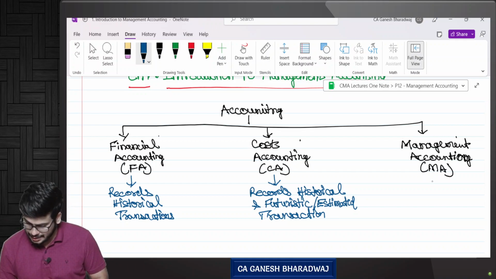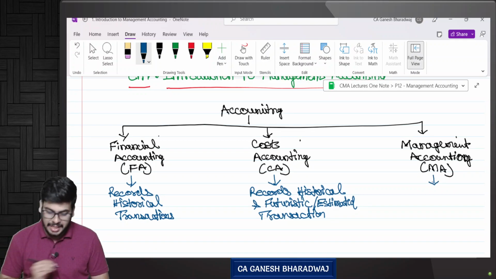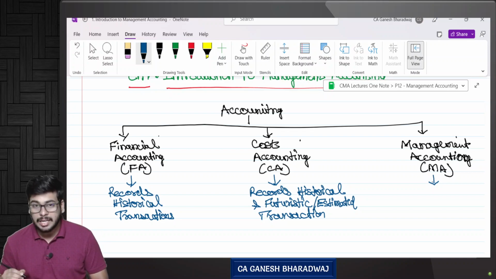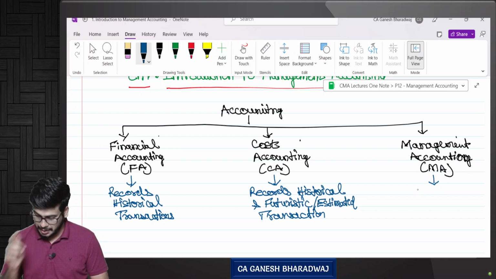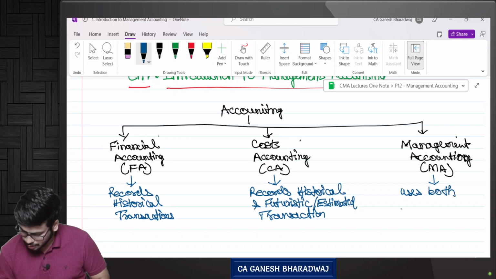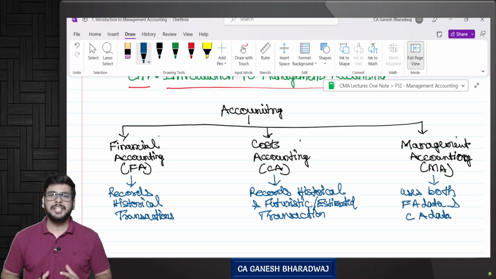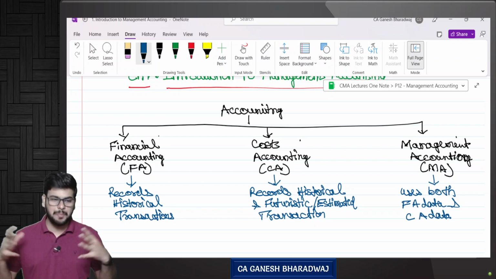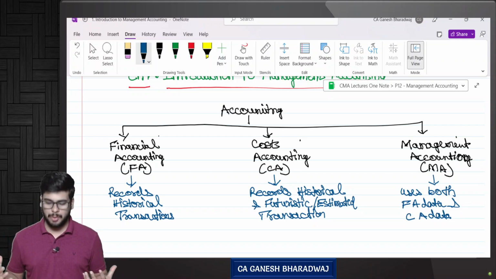Whereas in case of management accounting, technically speaking, it uses both financial accounting data and cost accounting data. That is, management accounting has a very broader scope.